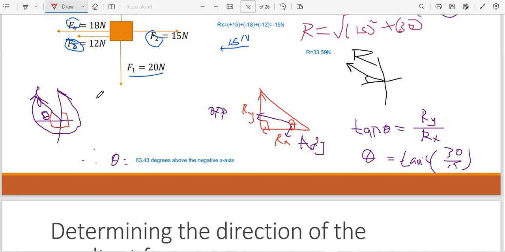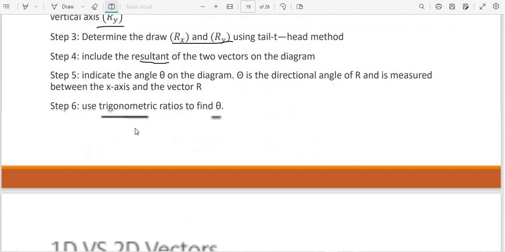So that is 270 plus 63,43, and my calculator tells me that in terms of bearing, theta will be equal to 333,43 degrees. So that will be our angle. Okay, and those are basically the steps that we follow when we want the direction of the resultant.